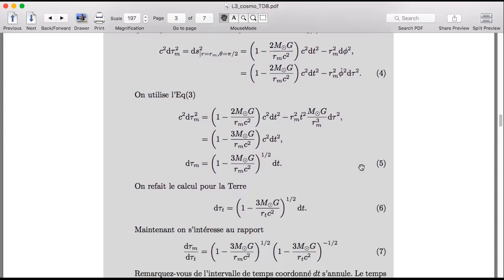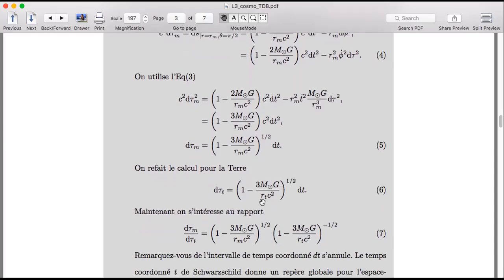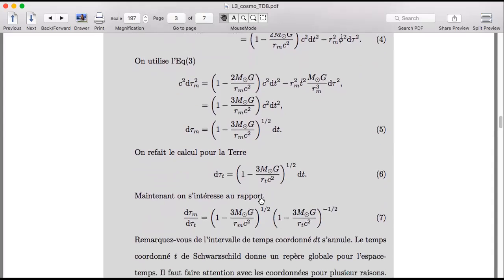And then, of course, the clock on Earth is in a similar situation as that on Mars, except the only thing that changed was that we have a different radial coordinate here. So I just rewrite the same equation, but with the radius of the Earth's approximately circular orbit. And now we were interested in comparing clocks on Mars and Earth.